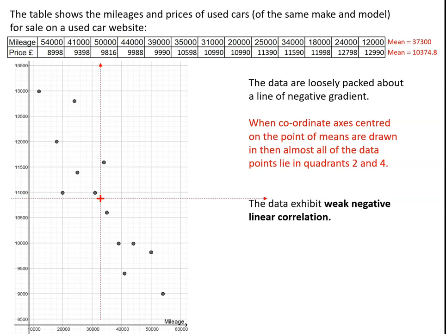We would say that this data exhibits weak negative linear correlation. So the points aren't closely packed around a line of negative gradient. They're only weakly packed around a line of negative gradient. So we're using the description weak negative linear correlation here.